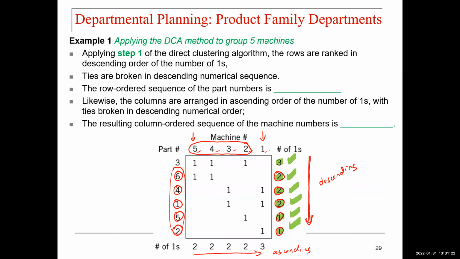So this is the last thing that we did for step 1. Now we're going to start with step 2. So I'm going to look at this first row. Let me change the color.